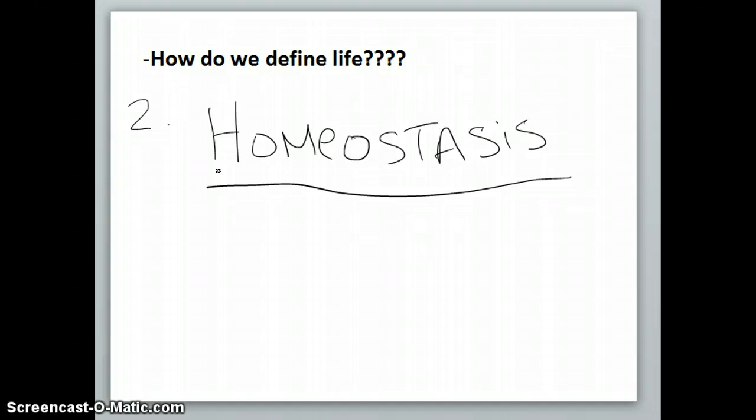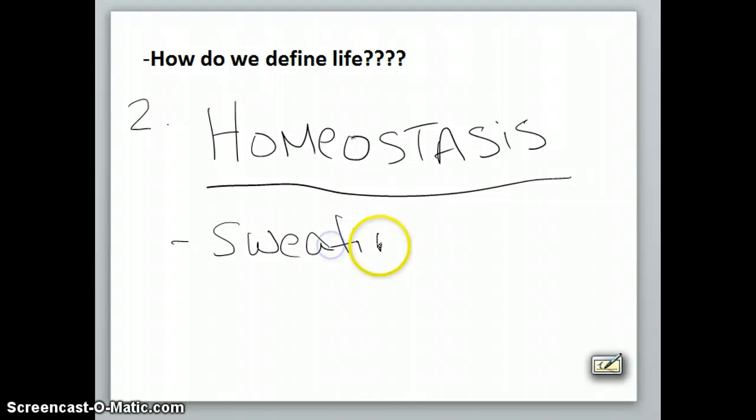So even though the environment may change, there's some range of conditions that's maintained within the organism. Okay? So an example of this may be, for instance, for us, maintaining a core body temperature, and when we sweat, water evaporates, cooling our skin. That's a way that we can maintain homeostasis.